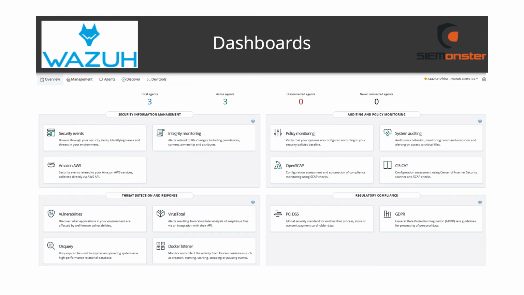Wazuh is actively working on adding additional compliance, and CMonster has already incorporated additional rules that contain additional compliance coverage, such as NIST, etc. Much of the configuration can be monitored or controlled through this interface.